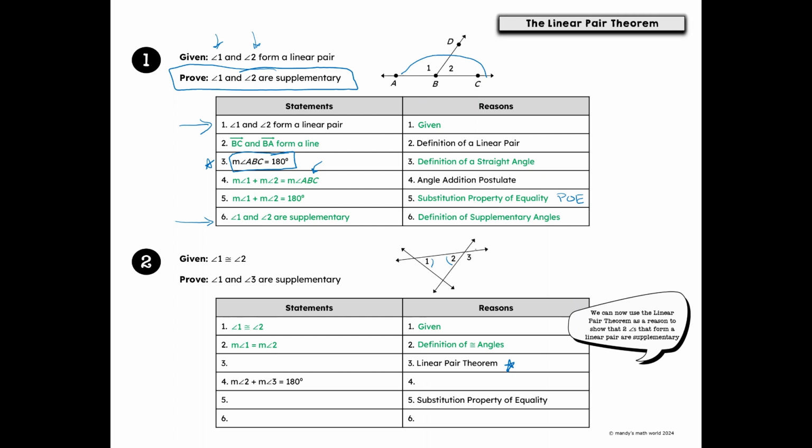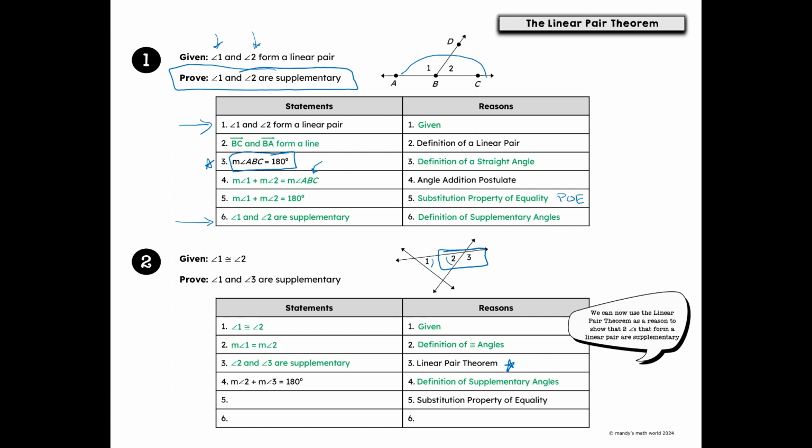Well, I know that angle 2 and angle 3 are supplementary by the linear pair theorem. Okay, so tell me about supplementary angles. Well, if I add them together, I get 180 degrees. The definition of supplementary angles tells me that.